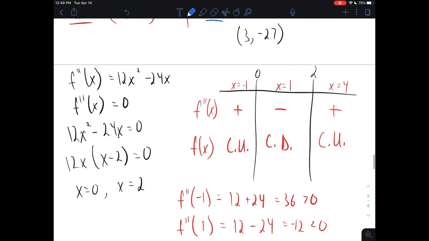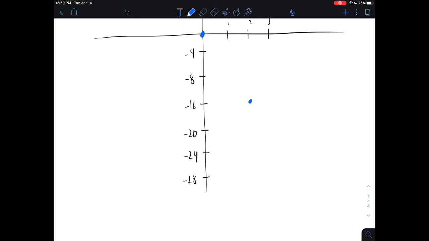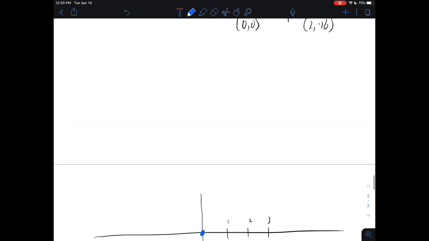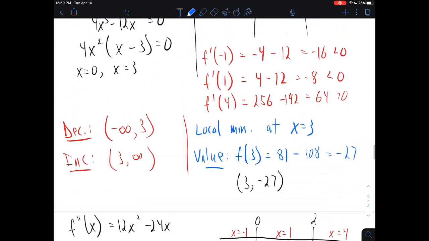And then we also had 3, negative 27 as our minimum. We could do a little bit more with points by finding the zeros where this function crosses the x-axis. We already see one of them. But just from what we already learned from the increasing, decreasing, and concavity, we can complete the graph.